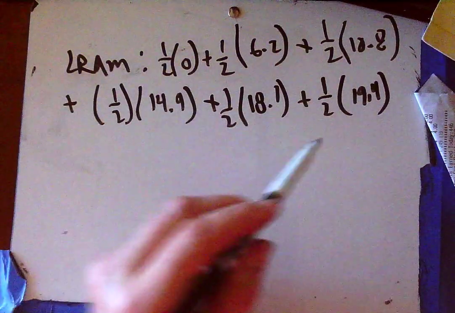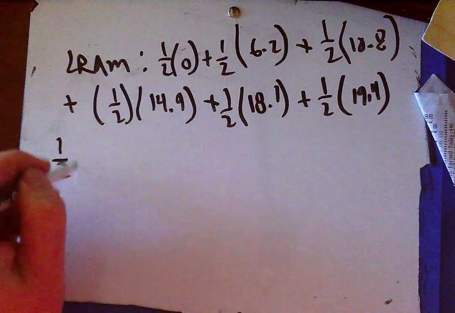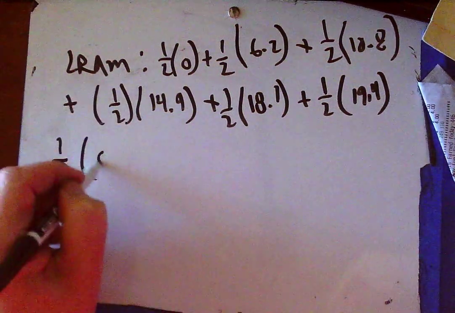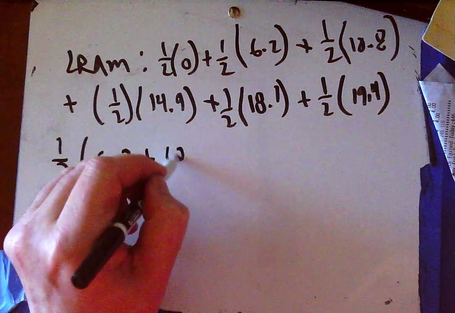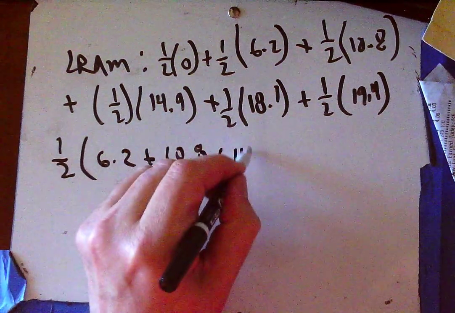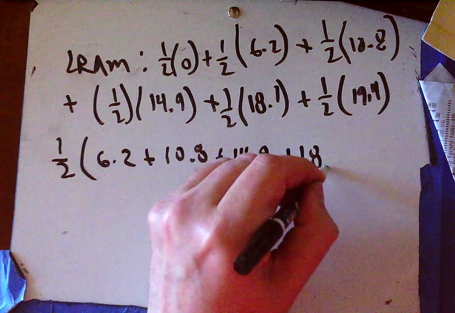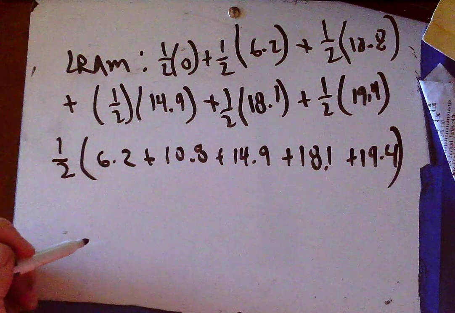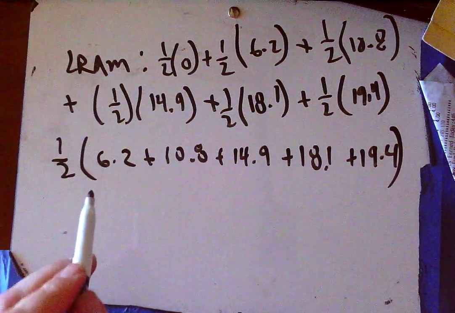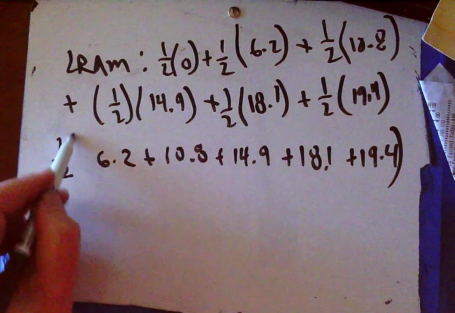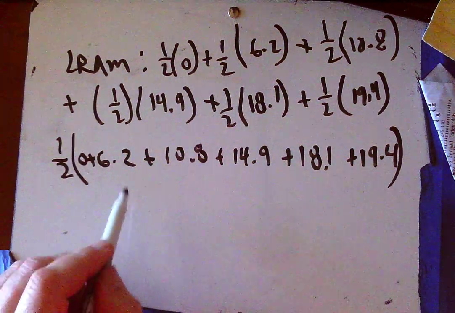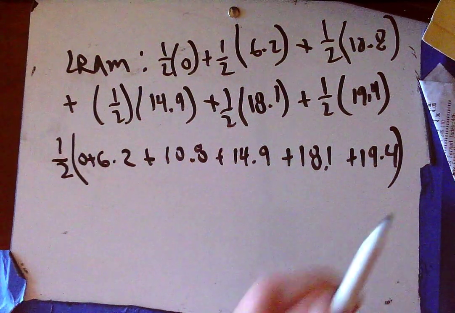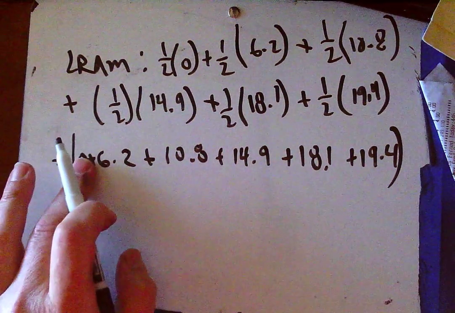Now, I agree that this would have been a lot less writing if I said, all right, subinterval width is always 1/2, we'll just pull that out as a constant, and add up the first through the second to last to find my LRAM. Okay? Remember, with LRAM, we use that first height, but not the last one, 20.2. But with RRAM, we don't use that first height.